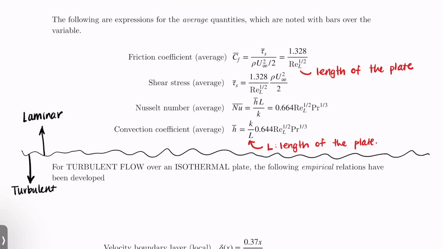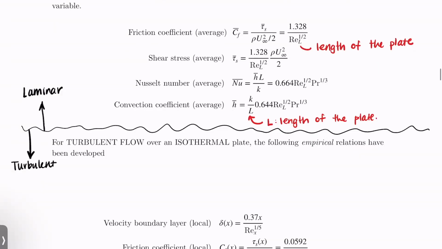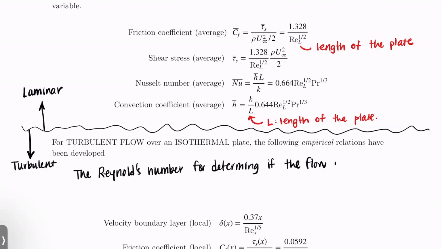And you might be asking yourself, how do I know if it's laminar or turbulent? I will tell you now. The Reynolds number for determining if the flow is turbulent or not has to be higher than 5 times 10 to the 5th.